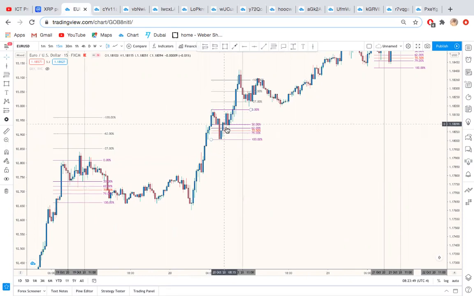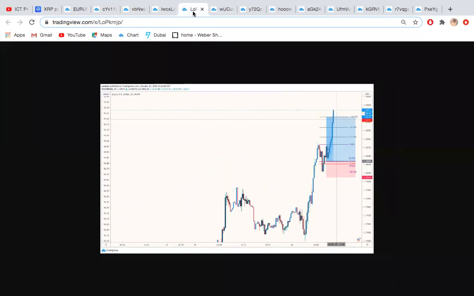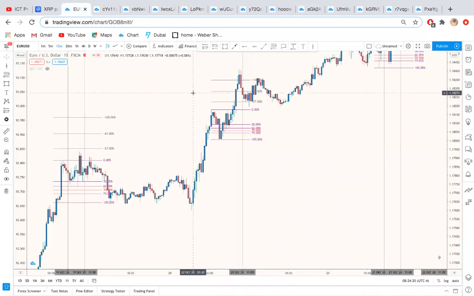Immediately at 8:30 in the morning, you can see how this candle triggered my buy limit at the 62% retracement level. Then it reached my target, the extension. This high was also my target, which I drew from the 4 hour or daily time frame. And it did raid it.